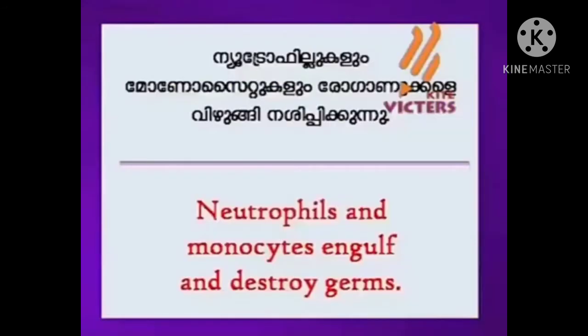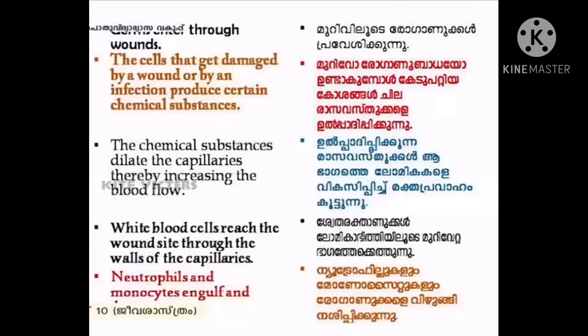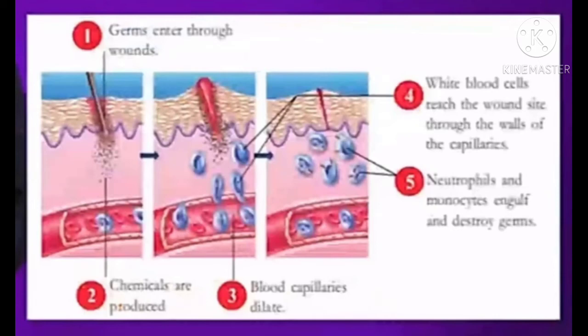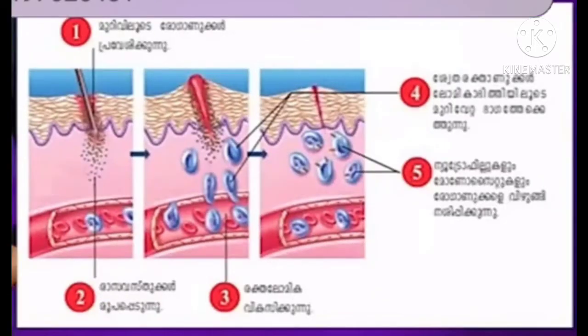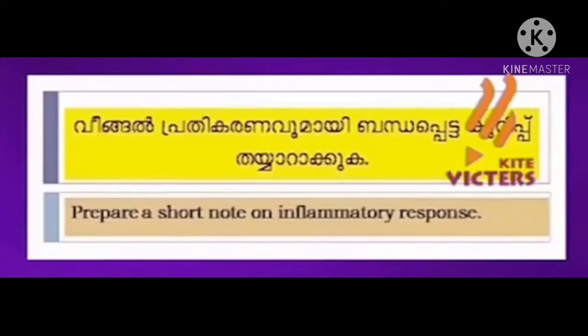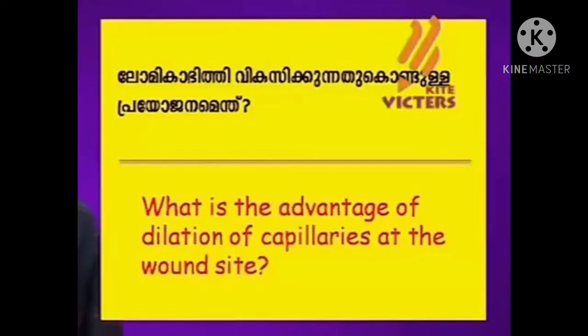Neutrophils and monocytes engulf and destroy germs. Thus, these are the 5 stages of inflammatory response which act as a defense mechanism in our body. You can prepare a short note on inflammatory responses.